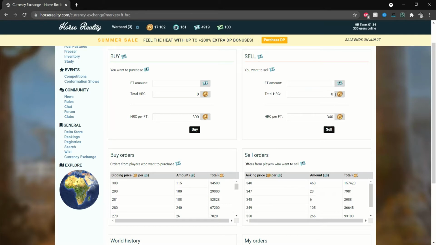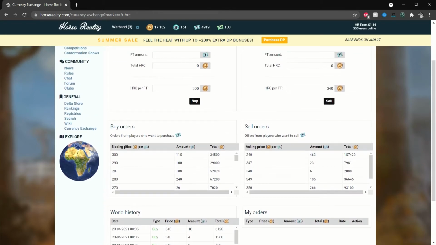Now, that part is not usually the hard part. The hard part is how to read these. So, as you can see here, there's people buying FT at $300 a piece. That order amount is only good for 115 tickets.